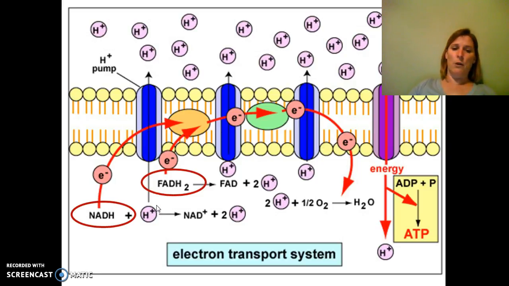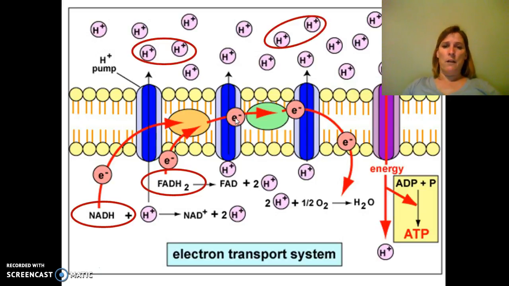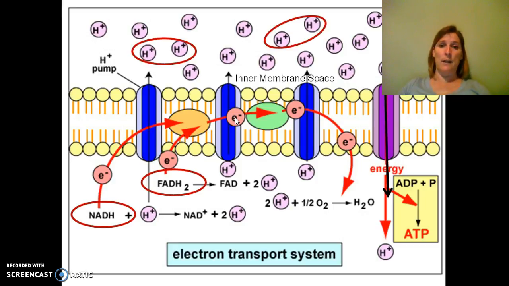And as we do, we're going to take hydrogen ions and pump them out through a hydrogen pump within that membrane. We're going to pump hydrogen ions out using that energy from the electrons, and we're going to increase that hydrogen ion content in the inner membrane space, and that's going to make its way back into the cell through our ATP synthase complex, just like back in photosynthesis. So hydrogen ions are going to come in, and it's going to create ATP.